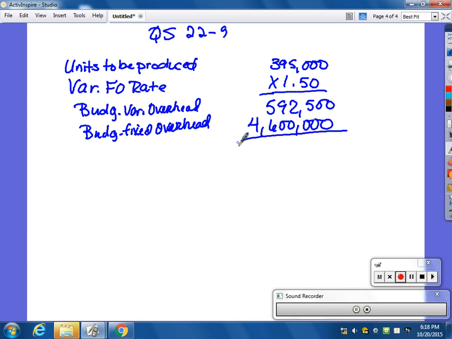Yeah, because we're trying to get overhead, and what goes in the overhead? Both fixed and variable. So how much was it? 5,192,500. And what is this called? Budgeted total overhead.